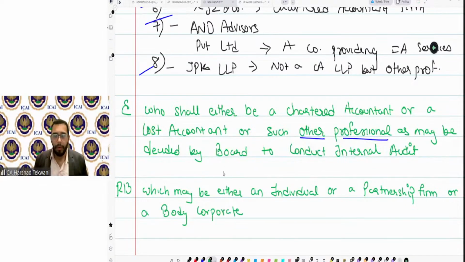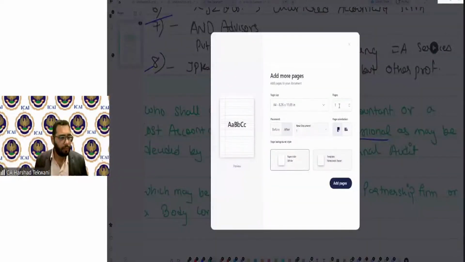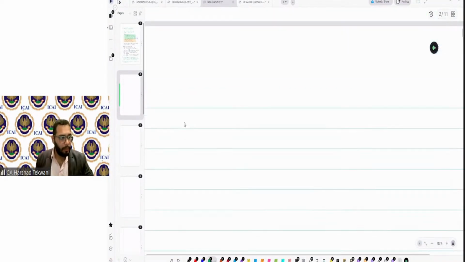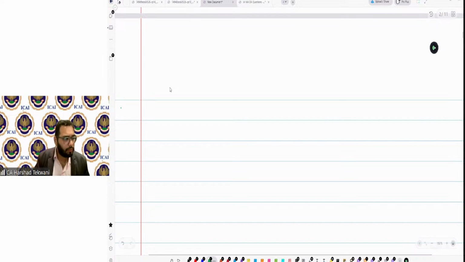Over and above this, Rule 13 prescribes that the term chartered accountant or cost accountant means whether engaged in practice or not. So both are allowed.